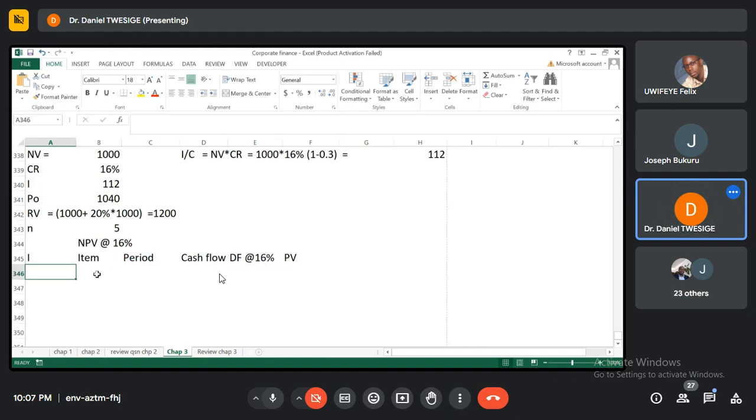Now, my first item is the market value, or the PO. My PO in this case is in period 0, and the cash flow should be negative because that's when you are investing in the debt.